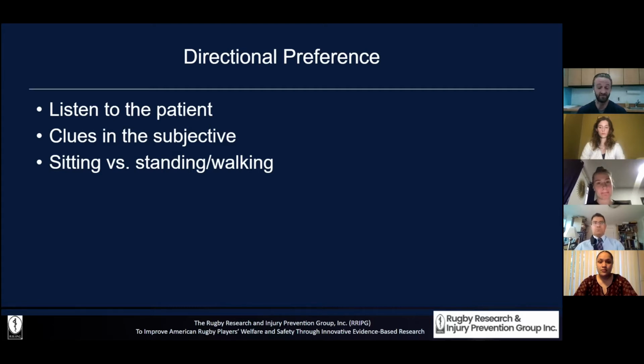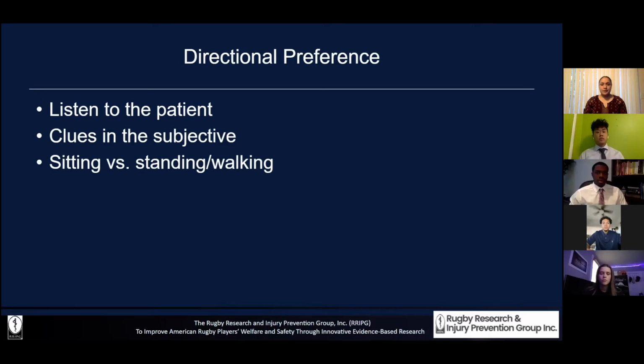It flexes or bends forward, or extends or bends backward, right? There's some rotation in there, sure, there's some side glide or some shearing force, but for the most part, the lower back, your lumbar spine, bends forward and bends backwards, right? So when I'm asking a patient what effect prolonged sitting has on your symptoms, I'm really asking what effect flexion or bending has on your symptoms.